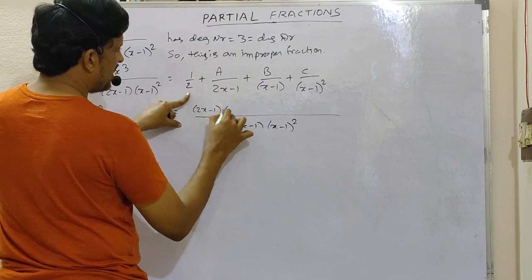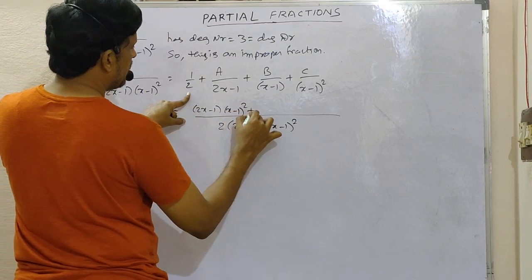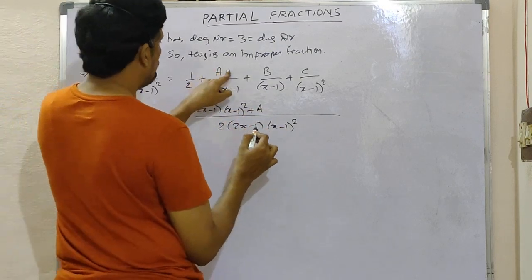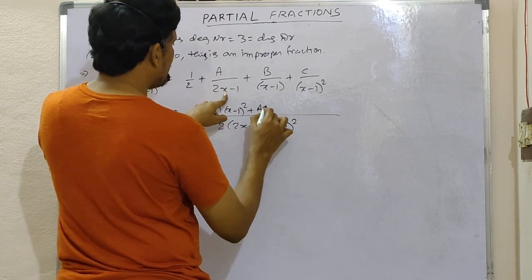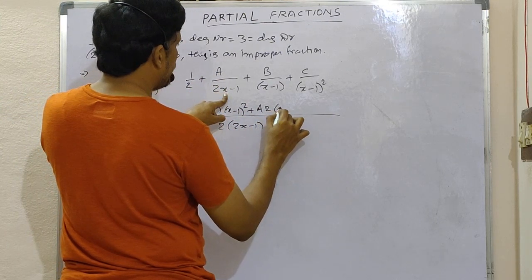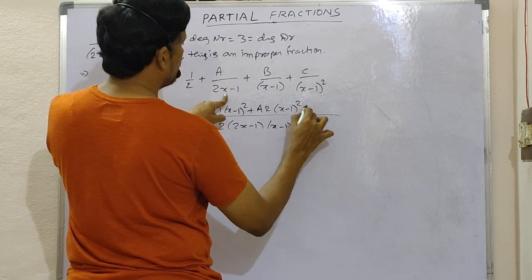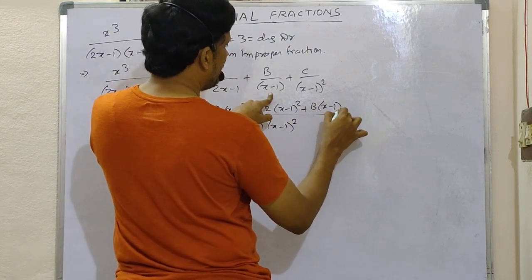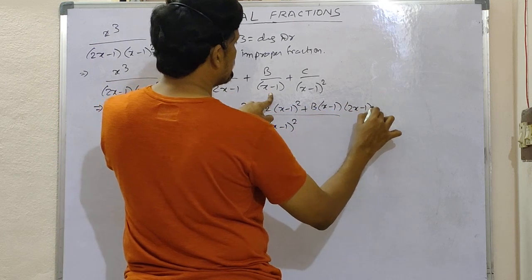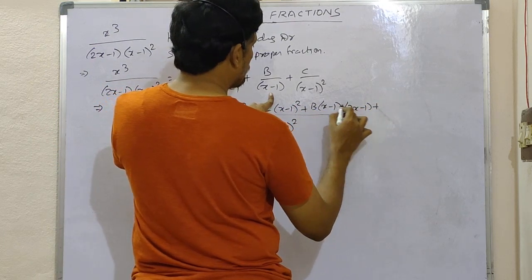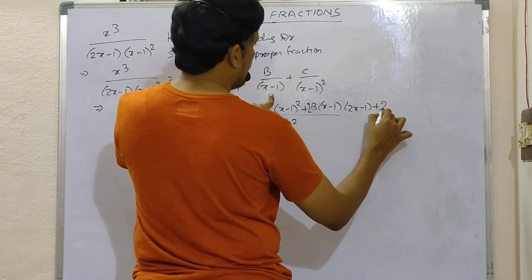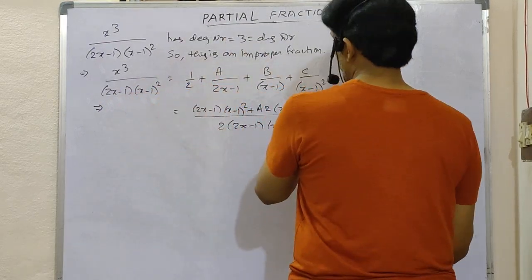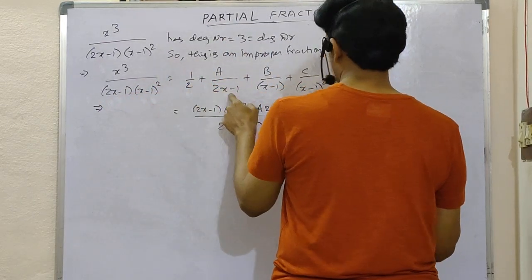So (2x minus 1) into (x minus 1) whole square plus A into, okay, A into 2x minus 1 is there, so multiply with 2 into (x minus 1) whole square plus B into, only x minus 1 is there, so multiply with another (x minus 1) and (2x minus 1) into 2 also, and 2C into (x minus 1) whole square is there, means multiply with 2 and (2x minus 1).